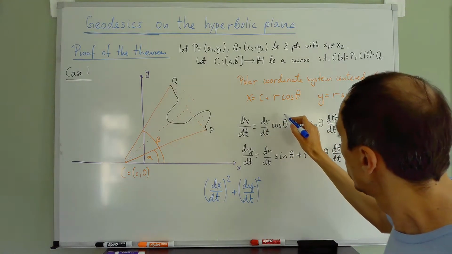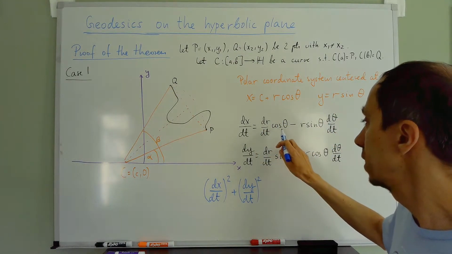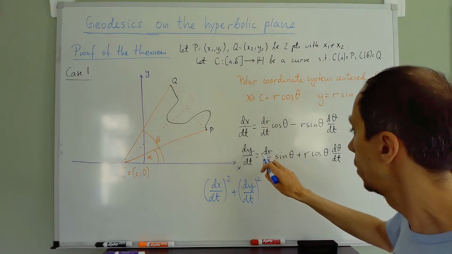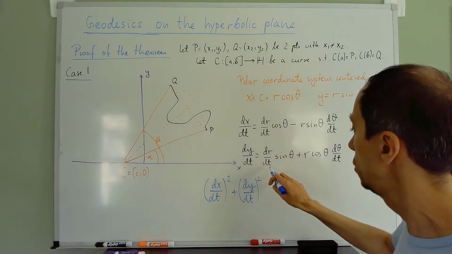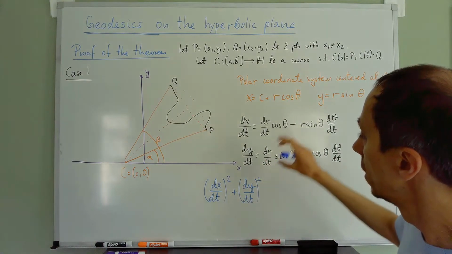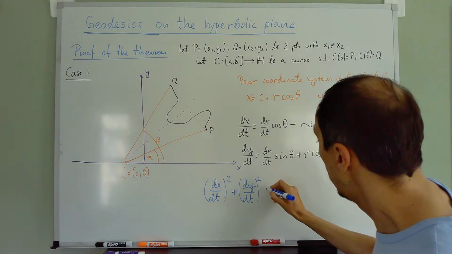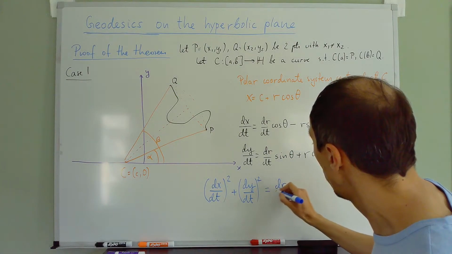So this thing squared is dr over dt squared cosine squared theta, and from this expression, I will have dr over dt squared sine squared theta. Because I'm adding them here, cosine squared theta and sine squared theta will give me 1. So from these two terms, I just get dr over dt squared.